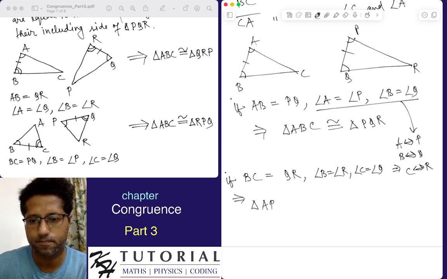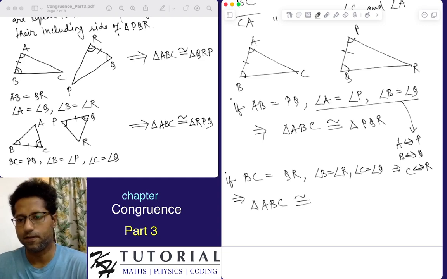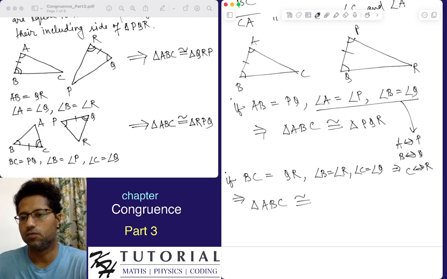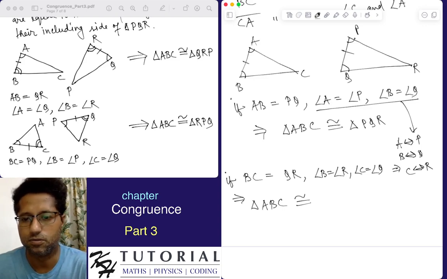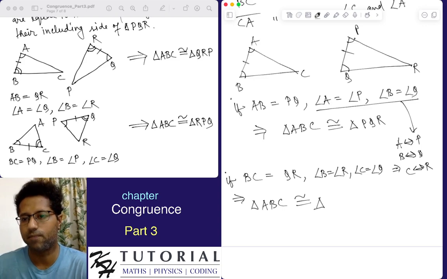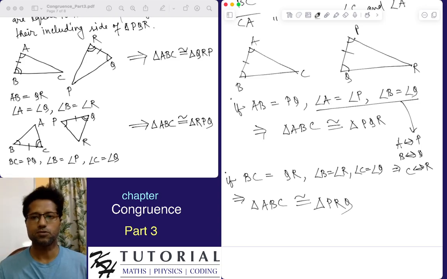Since angle B is equal to angle R, we know that B is mapped to R, and since angle C is equal to angle Q, we know that vertex C is mapped to vertex Q. So then A has to map with P. So it is PRQ.